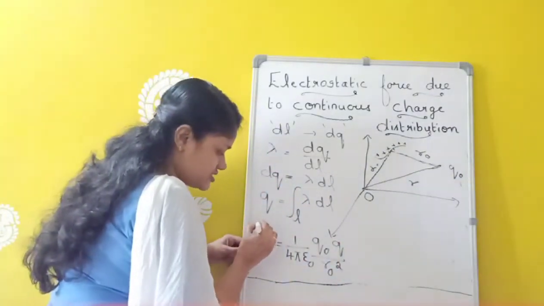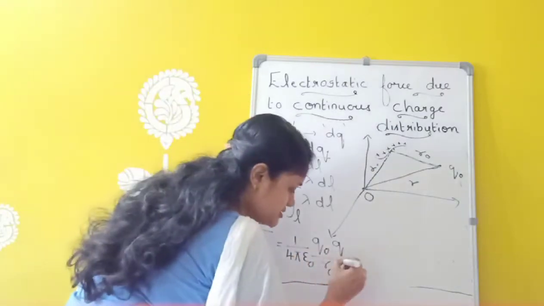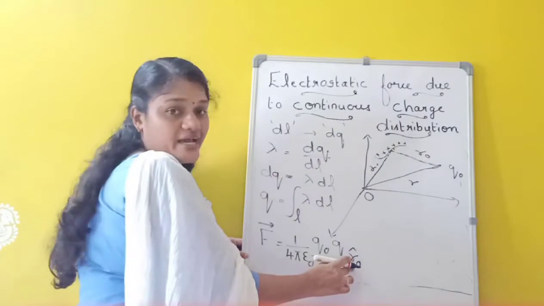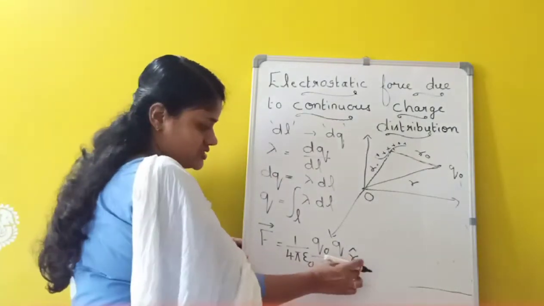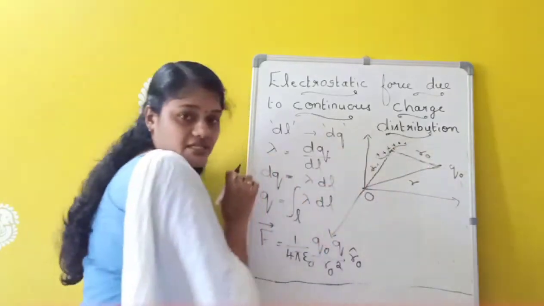This force is a vector quantity, so vector F equals this, into unit vector r0. This unit vector r0 shows the direction of force acting between these two charges.